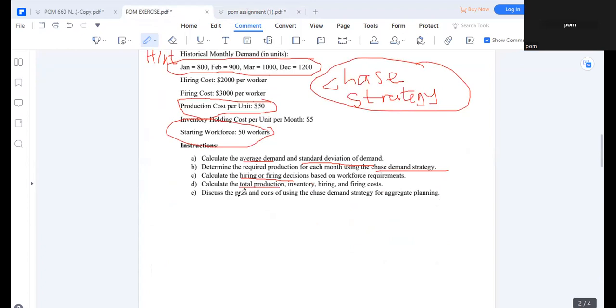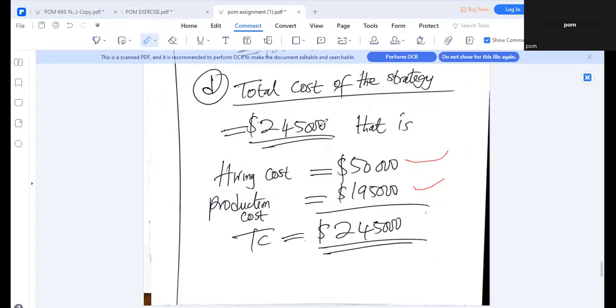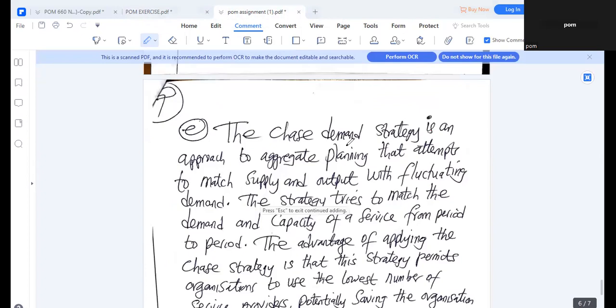And then the pros and cons of the chase strategy. The chase strategy is an approach in aggregate planning that attempts to match the supply and output with fluctuating demand. The strategy tries to match the demand and capacity of a service from period to period.